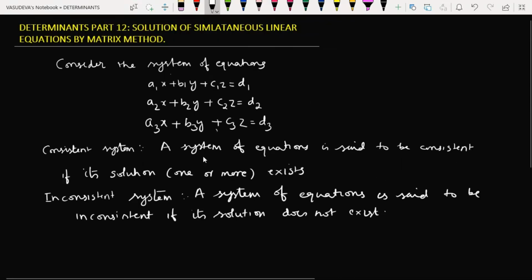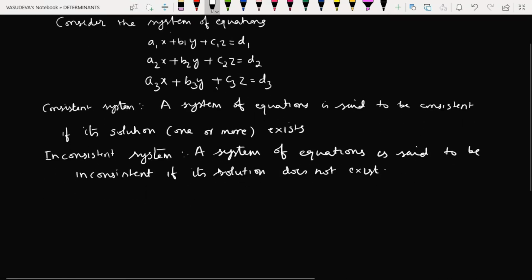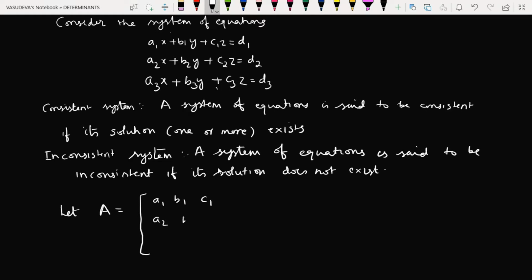So now in this equation, the coefficients of x, y, z are a1 b1 c1, a2 b2 c2, a3 b3 c3. The constants are d1, d2 and d3. Now for the system of equations, let us take A as the coefficients of x, y, z: a1 b1 c1, a2 b2 c2, a3 b3 c3.